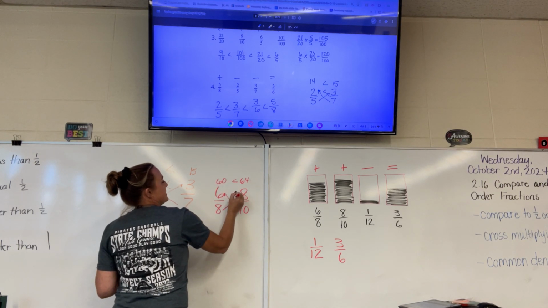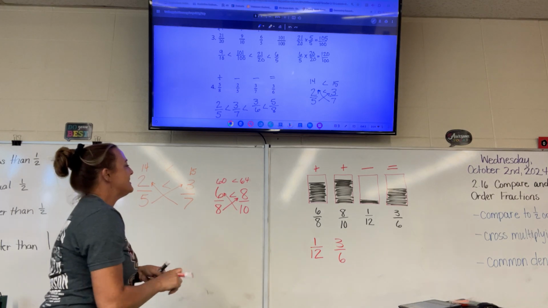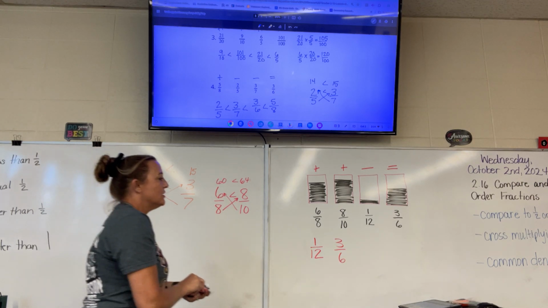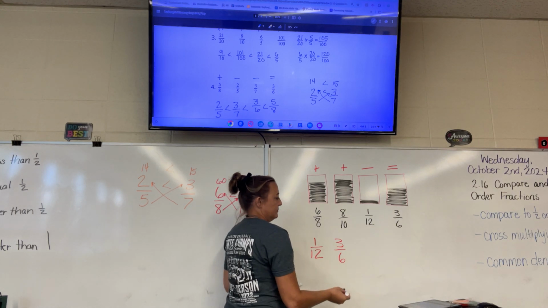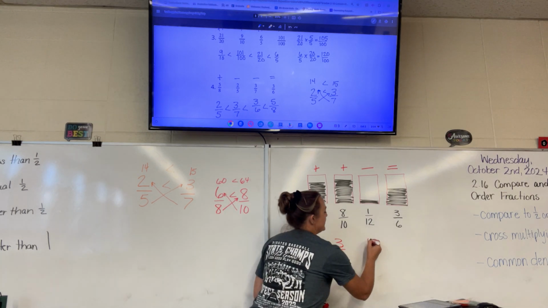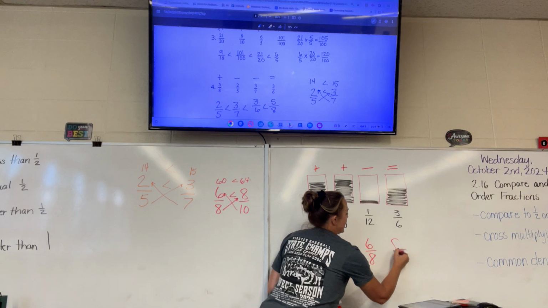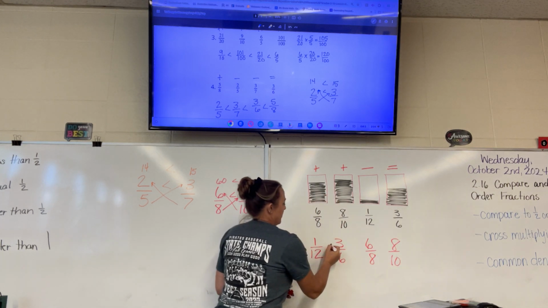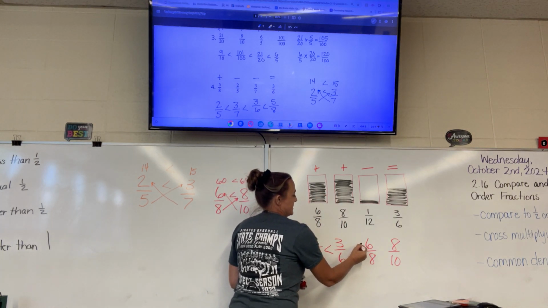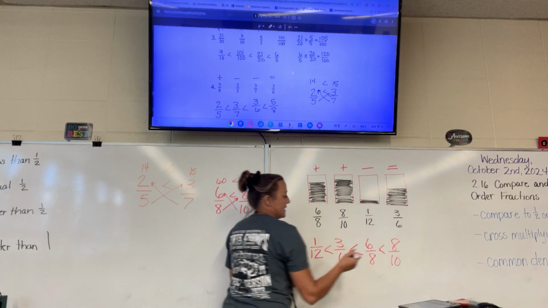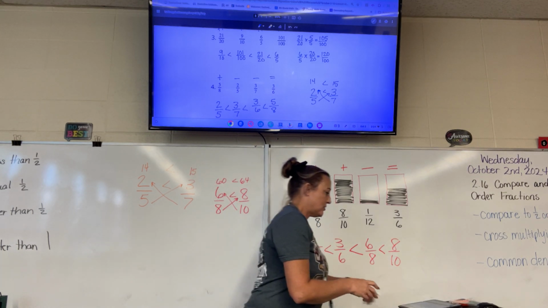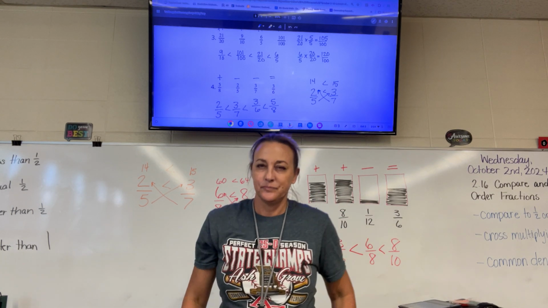And 60 is less than 64. So 8/10 is the biggest. My next biggest would be 6/8. So 1/12 is less than 3/6, and 3/6 is less than 6/8, and 6/8 is less than 8/10. So that's just one more visual. All right.